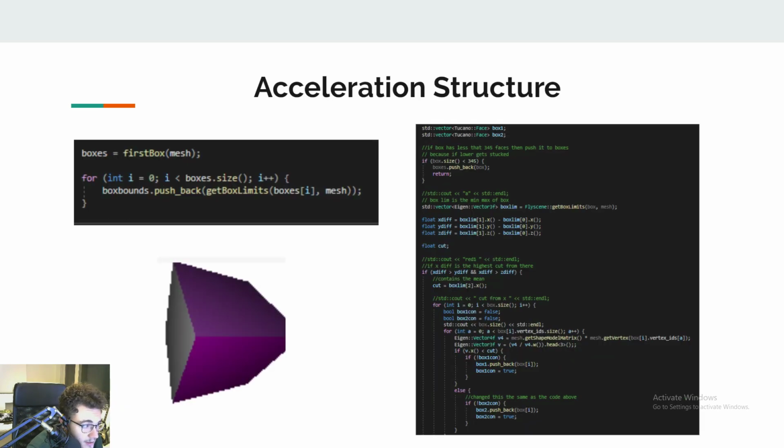We implemented an acceleration structure. This is a part of the code base. It's a simple acceleration structure that was explained in the PDF file for the project. We can't render the acceleration boxes, but if we were to, it would look like this for a single cube.